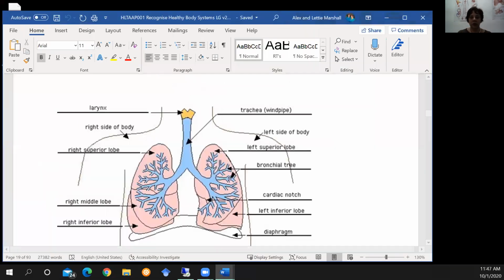So that's good. Question 4, the brain. Do you have a page number? There you go. Page 30.